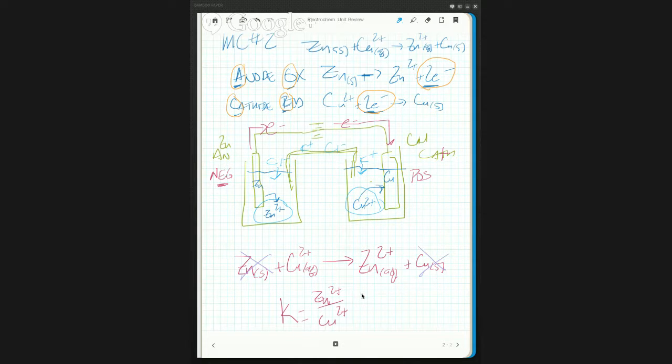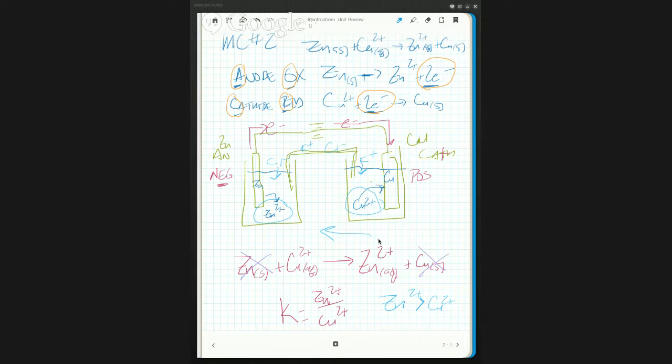So you're saying that this, let's see, zinc 2 plus is more concentrated, so that's a higher number. So K would be a higher number, so it wants to go this direction.